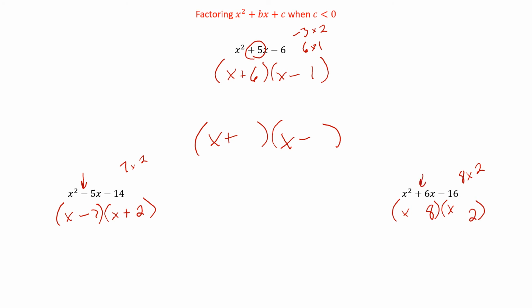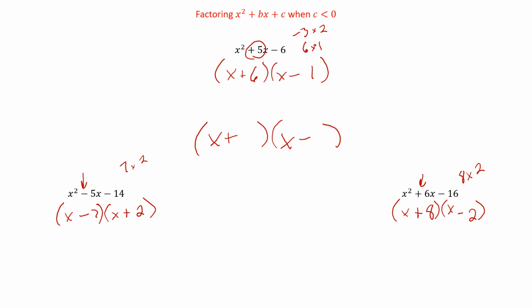This sign goes with the bigger of the two. So that's plus 8 minus 2. So that's x squared minus 2x plus 8x. That's plus 6x. And then 8 times negative 2 is minus 16. So there we go. Notice each of them is an x plus and an x minus.